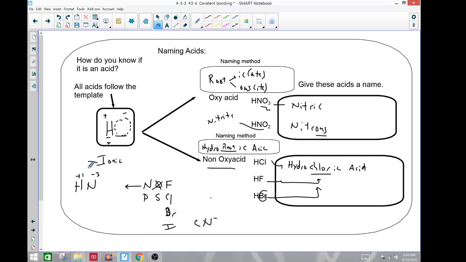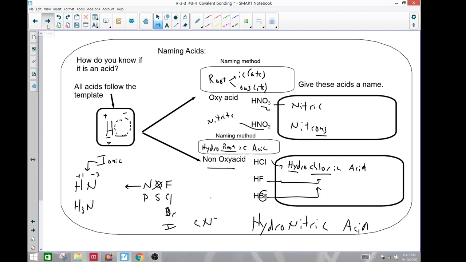That's very similar to an ionic compound. So it's H3N, and it's hydronitric acid. Technically, if we had one of these acids and it's not in water, so maybe it's in a gas phase, we name it as an ionic compound.